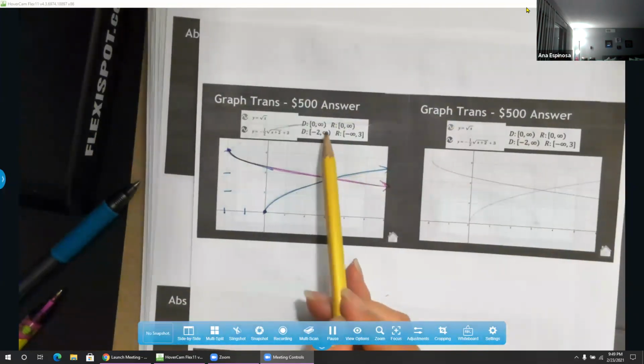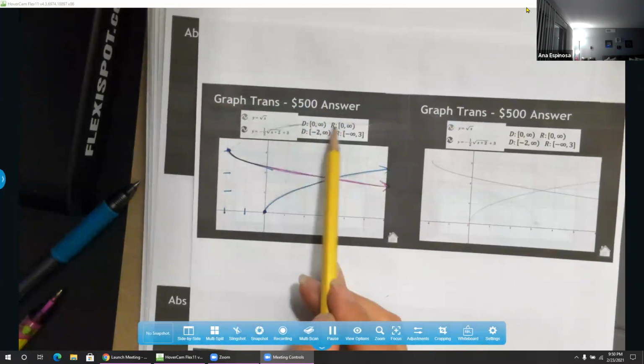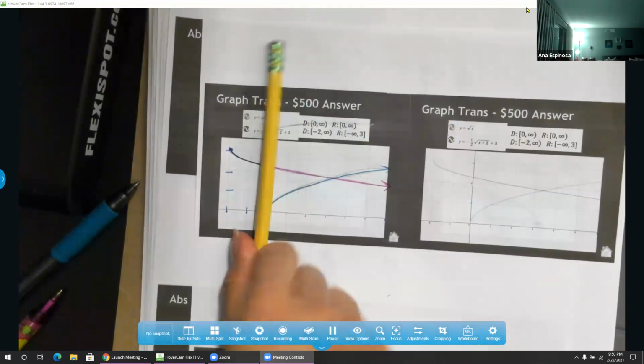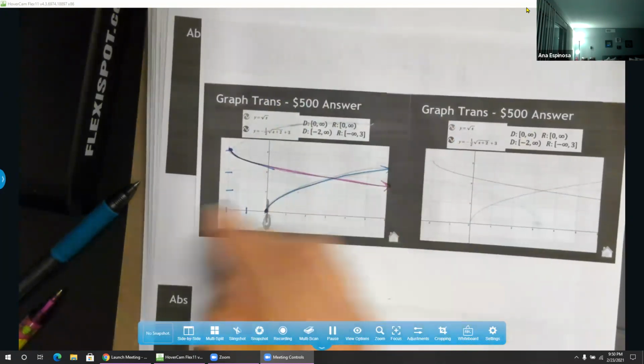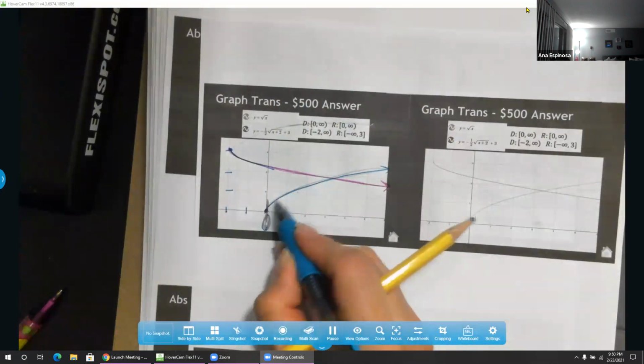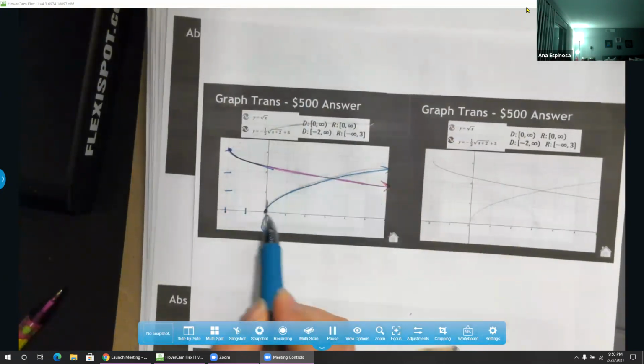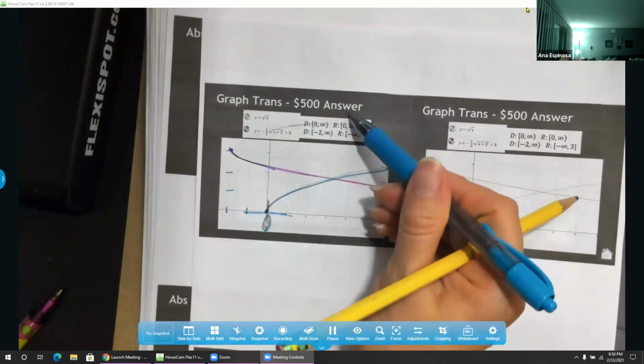When you look at the domain and the range of both of these, make sure that you know the difference. So the domain of this one, you start here at 0, okay? And it goes out to infinity, which is 0 to infinity. The range starts from 0 and goes up to infinity.